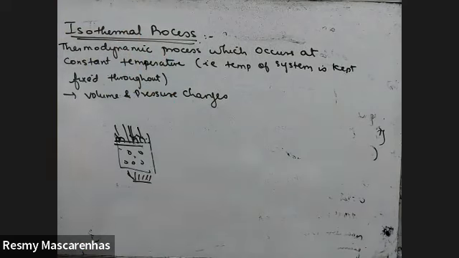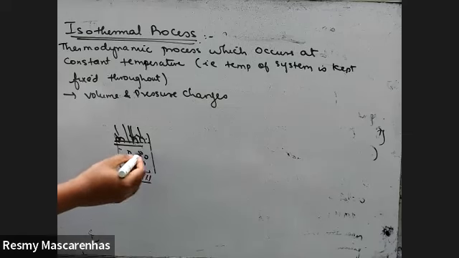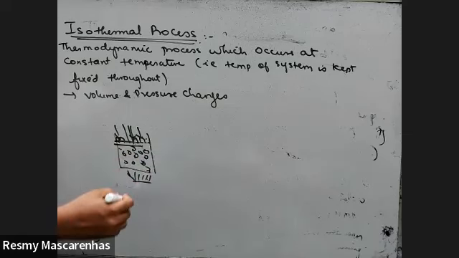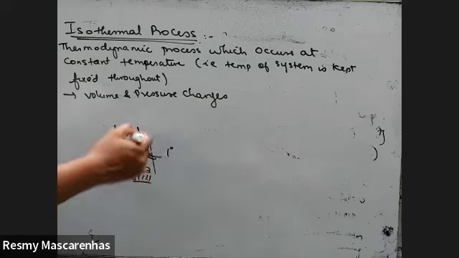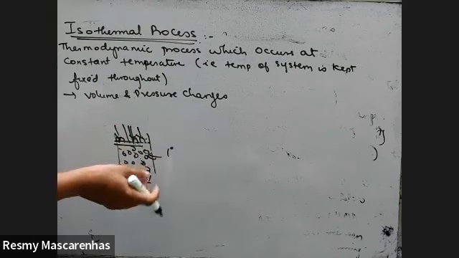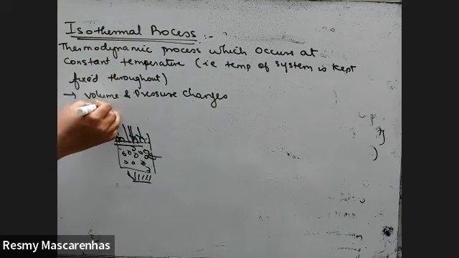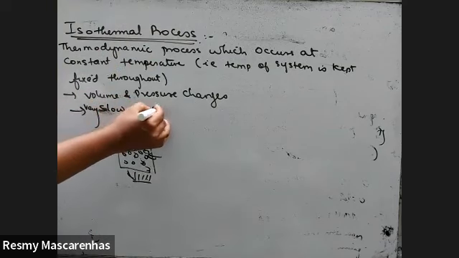So if you quickly put it on a high fire, all this gas will become very hot. So temperature will definitely rise. If it was 27, it would become 30 also. Now the aim is, it's an extremely slow process.